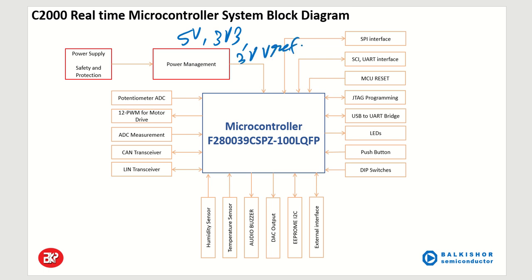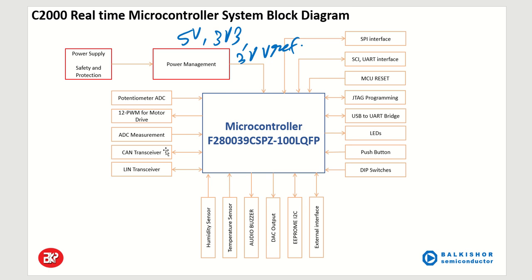All these are part of power management. Then we have various peripherals, like a potentiometer connected for ADCs. We have PWMs for motor driver applications, like 12 PWMs that can be used for two different motor drivers. We have ADC measurement for different voltage rails, sensors and other applications.